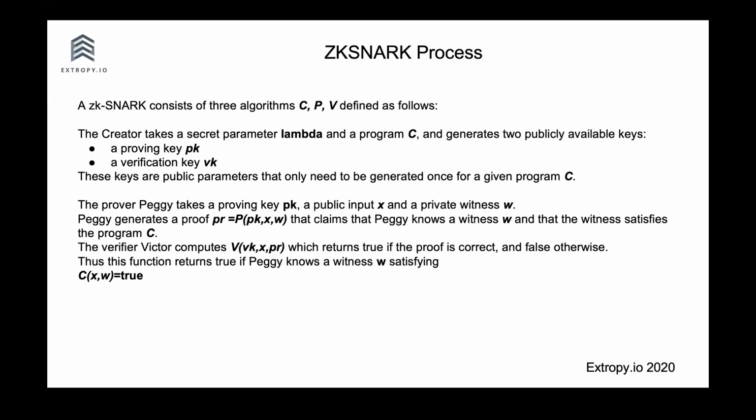If the program is correct, has been correctly created, then this witness, along with any public parameters, will, when passed to the program, return true. So this has some aspect of zero knowledge here, in the fact that our program is only going to return true or false. And it is important to note that along with the secret parameter, the witness, we can have public parameters as well. So these are parameters that are known to anyone. We're not trying to keep those secret, but they may well be used in part of our proof, whatever our use case is.